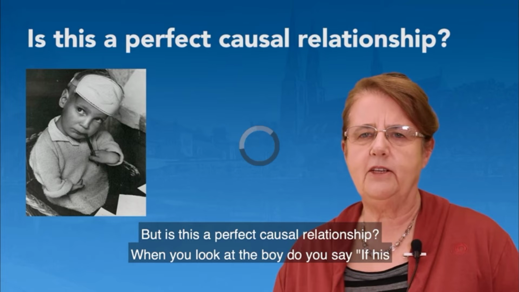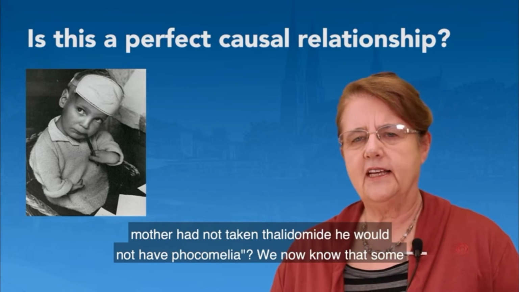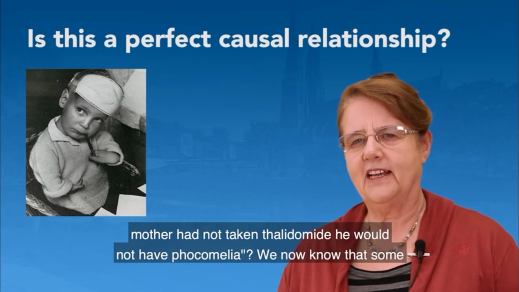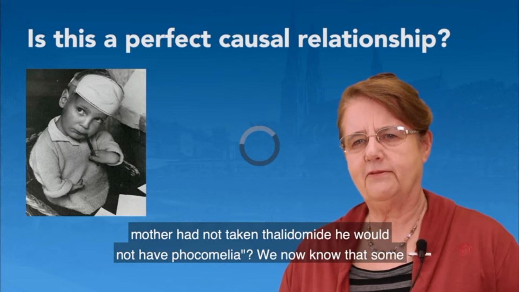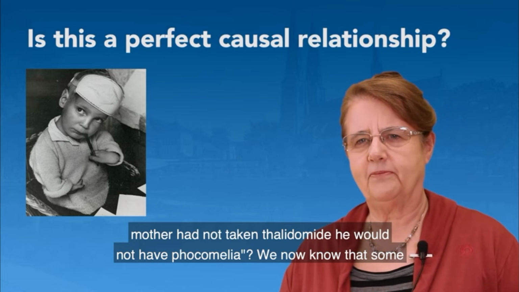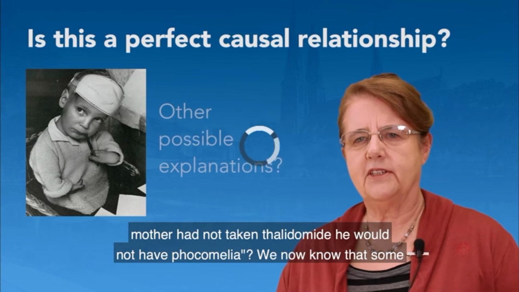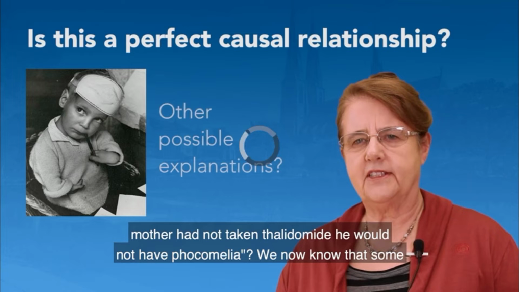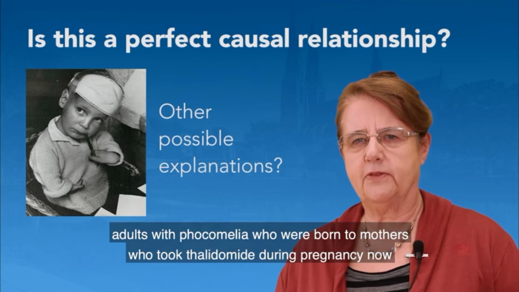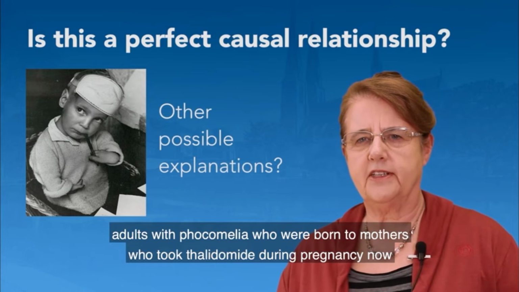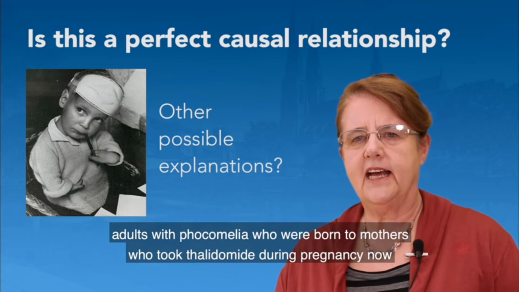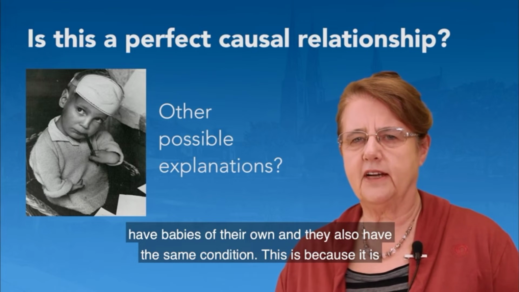When you look at the boy, do you say, if his mother hadn't taken thalidomide, he would not have phocomelia? We now know that some adults with phocomelia who were born to mothers who took thalidomide during pregnancy now have babies of their own, and they also have the same condition.